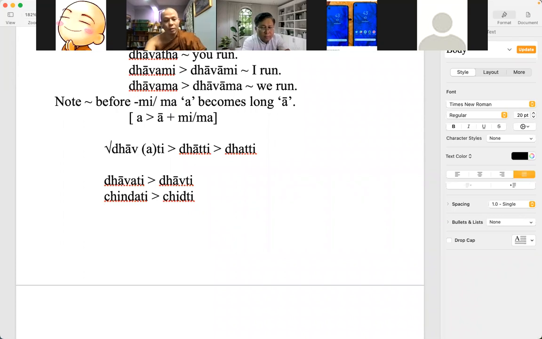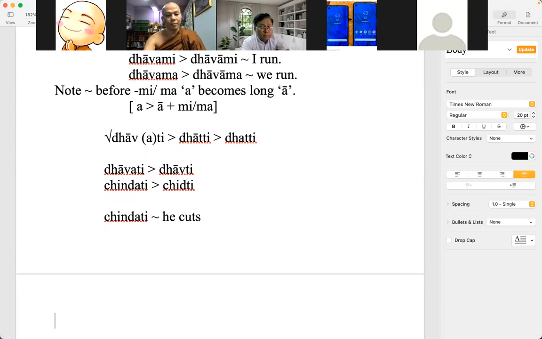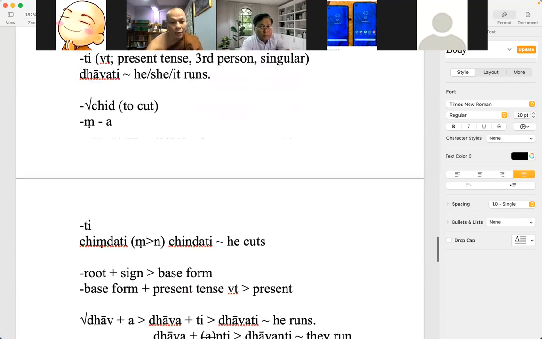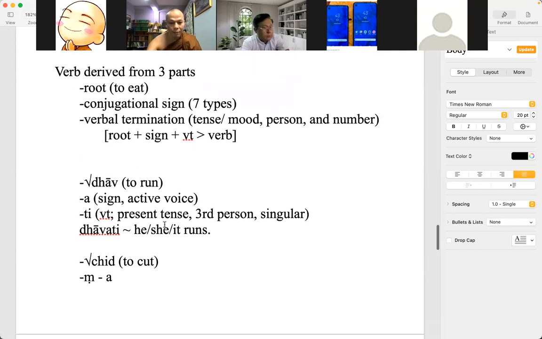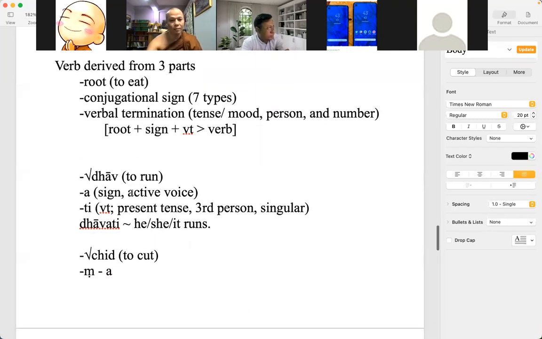So for example, change the D. Okay. Change the D means he cuts. But as a passive, one more piece of information I told you: those signs are for the active voice.